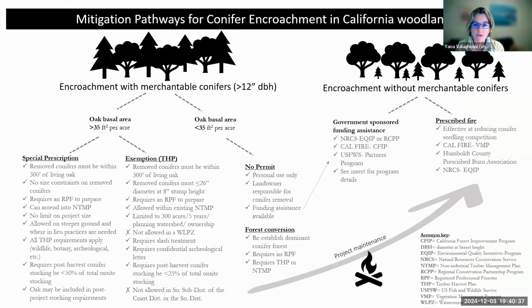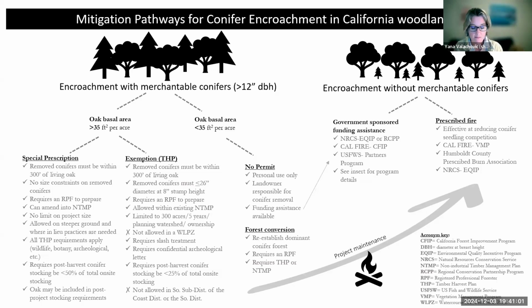That was done through a two-pronged approach, where you may have heard some of this language. There are exemptions in the forest practice rules, which are not exempt from the timber harvest planning process, but it's slightly more streamlined. And so our data was used to establish what is an oak woodland, and in this case it was 35 square feet of basal area.